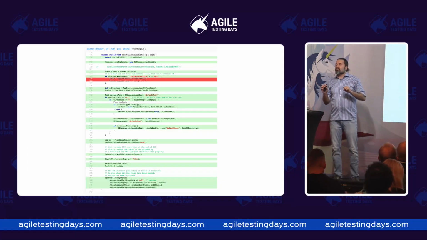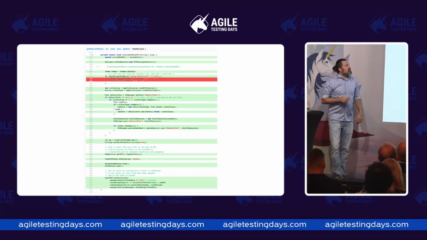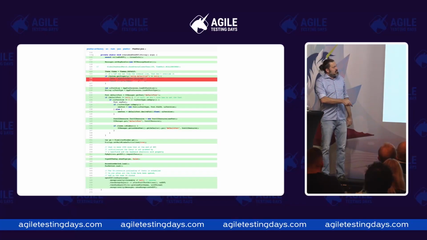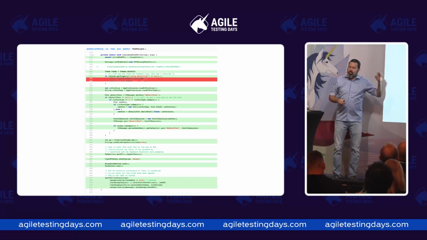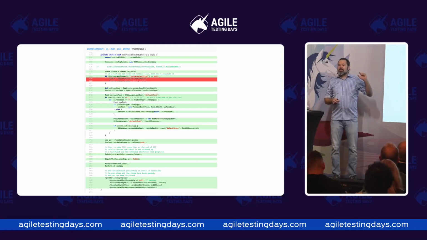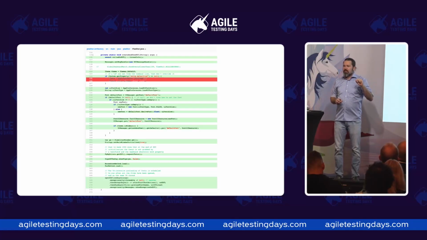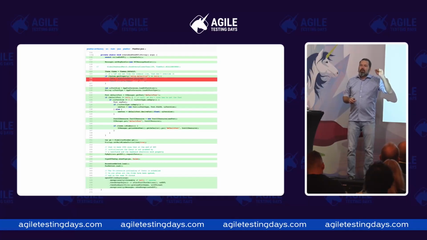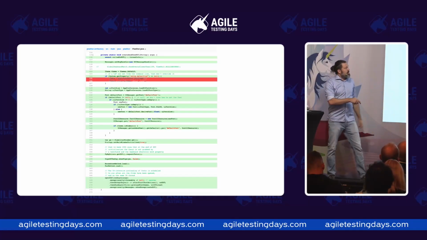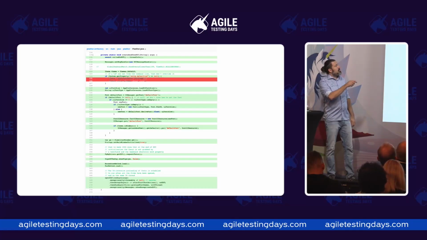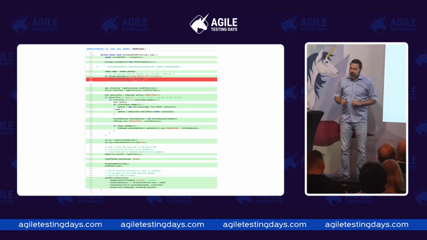I don't expect you to read it, but the key point is this is one method, and we ran unit tests against it and used a so-called code coverage profiler to automatically capture which code was executed by the tests. In green, you see the code that was executed, and in red, you see the code that was not executed.